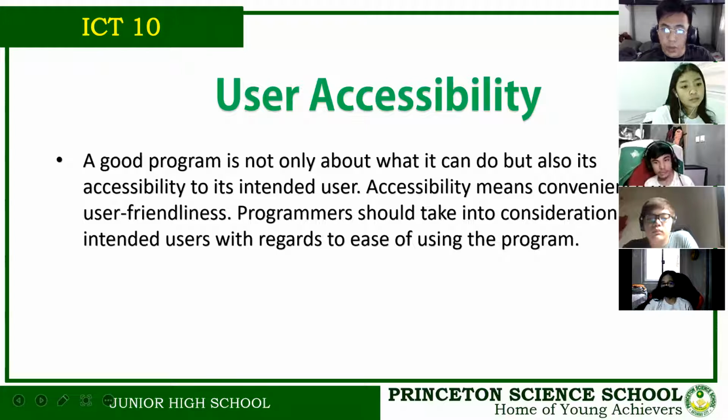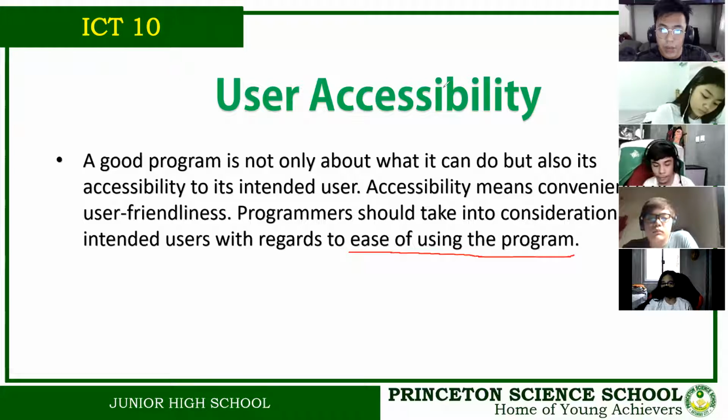So user accessibility is for the ease of the user using the program. Programmers should focus on whether the program is going to be easily understood once the user operates it.